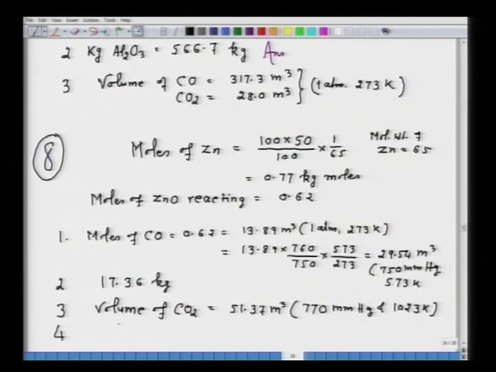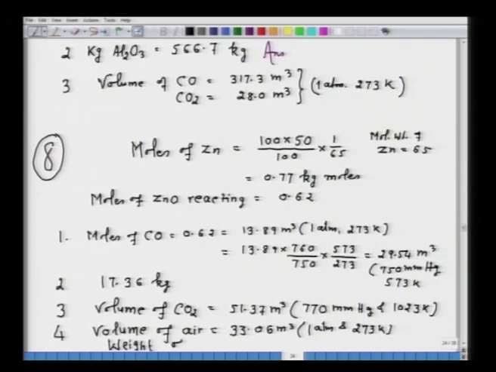So, for 3, and the answer for question 4, the volume and weight of air used in burning the CO. So, volume of air is equal to 33.06 meter cube expressed at 180 m and 273 Kelvin, whereas the weight of air, you multiply by its molecular weight, is 42.80 kg.